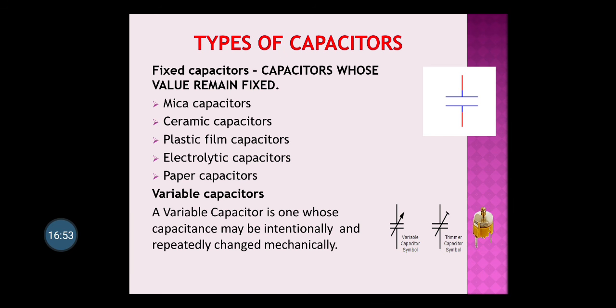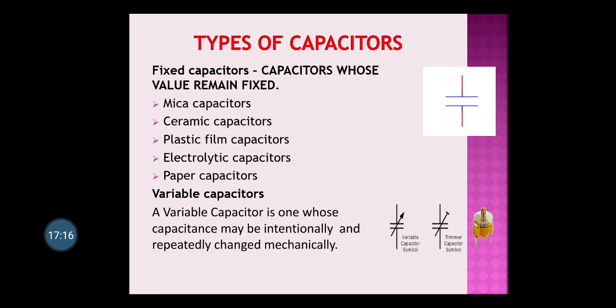The different types of capacitors. As we studied with resistors, you remember the resistor types, linear and non-linear, and in linear we had fixed and variable. So here also you get fixed capacitors. Fixed capacitors are those whose values cannot be changed.